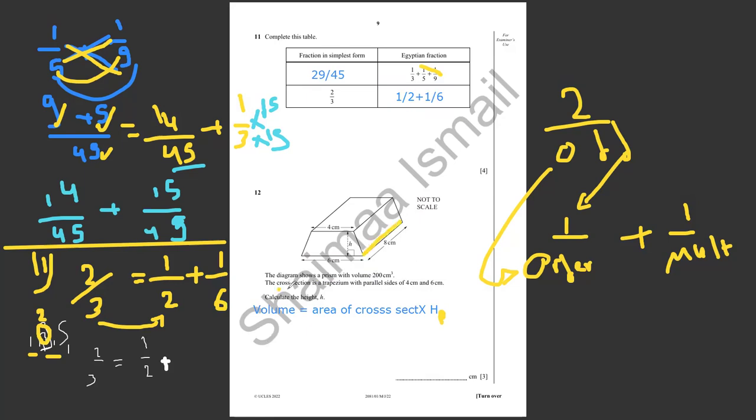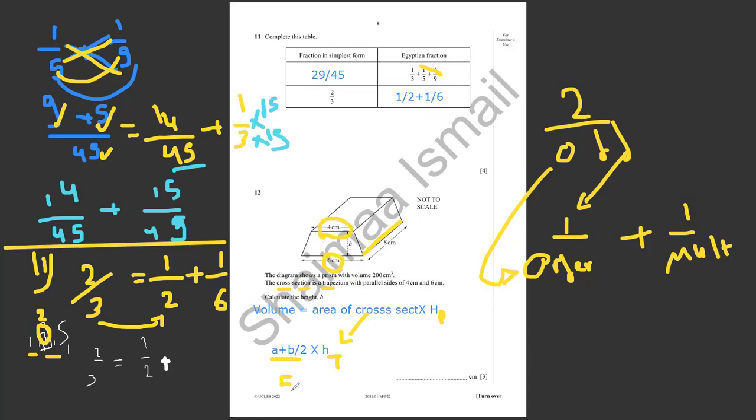Okay, so the cross section is a trapezium. What is the area of the trapezium? The area of the trapezium is A plus B divided by 2, the two bases, base 1 plus base 2 divided by 2, multiplying by the height of the trapezium. Okay, let's write the height of T of the trapezium. So here 6 plus 4 is 10.